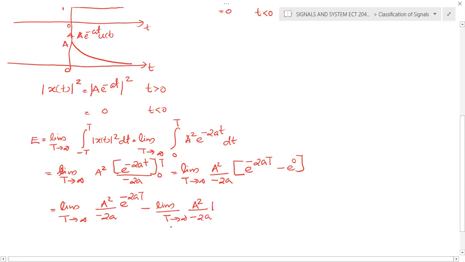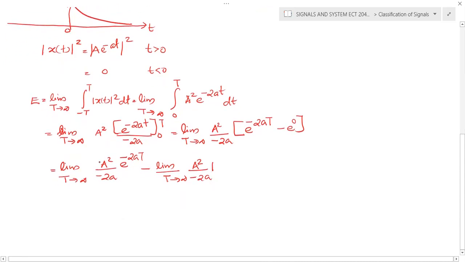Now if you apply the limit T tending to infinity in the first part, it becomes 0, because in a square by 2a into e raised to minus 2aT, in place of T you substitute infinity, so you get e raised to minus infinity. And e raised to minus infinity means 1 by e raised to infinity, which is 1 by infinity, which tends to 0.